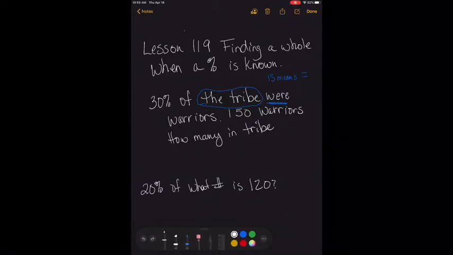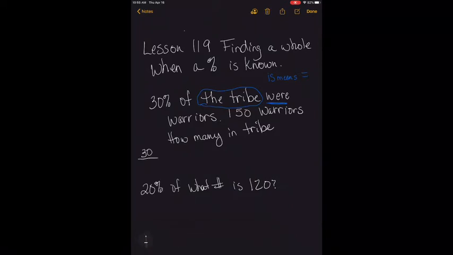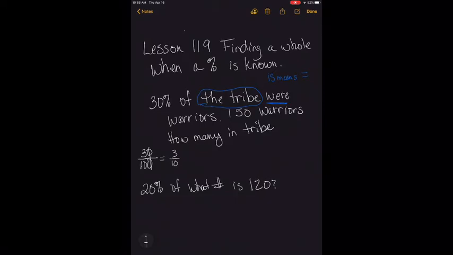So how are we going to set up this problem? Once again, we're going to translate. All right, so 30%, let's go ahead and change it to a decimal, or you could change it to a fraction. Let's just change it to a fraction just for fun. So 30%, right, is the same as 30 per hundred, is the same as 3/10.